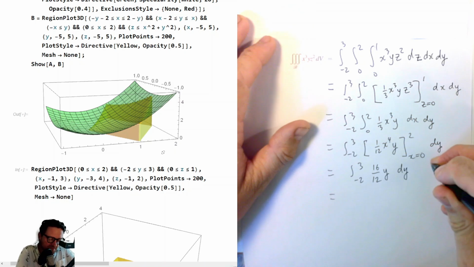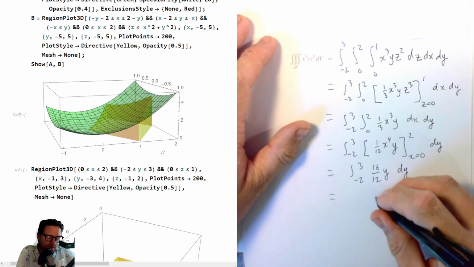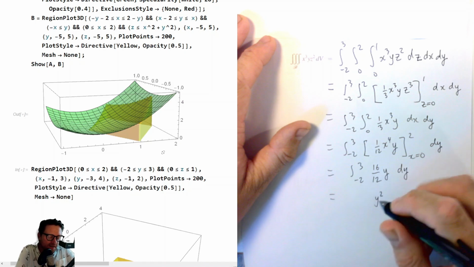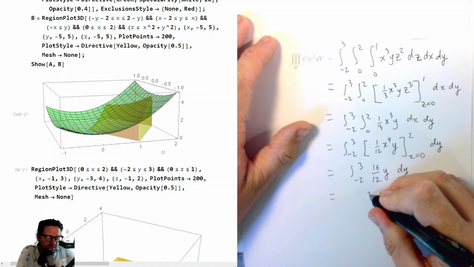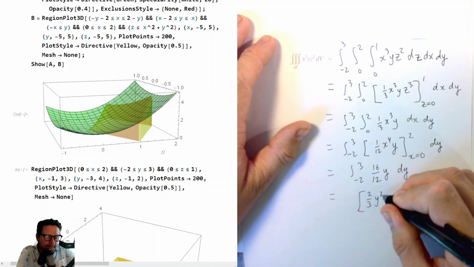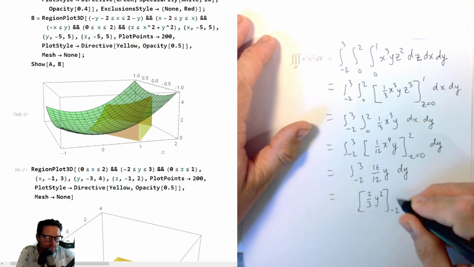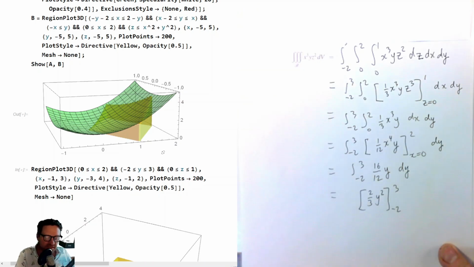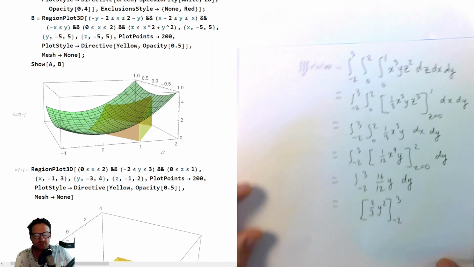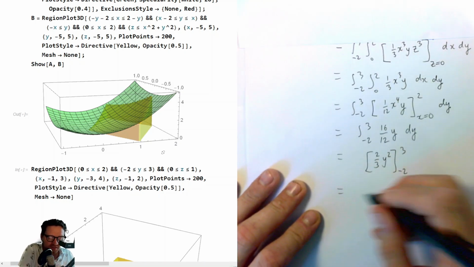So integrating that with respect to y, we've got y squared. Now half of 4/3 is 2/3. And all that remains here is to sub in 3 and 2 and minus 2 and take a difference.